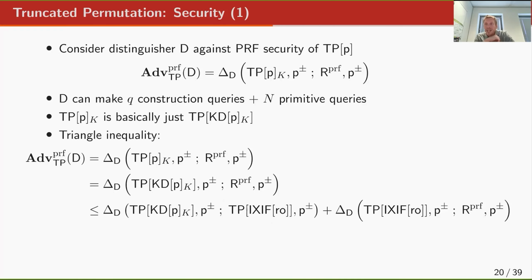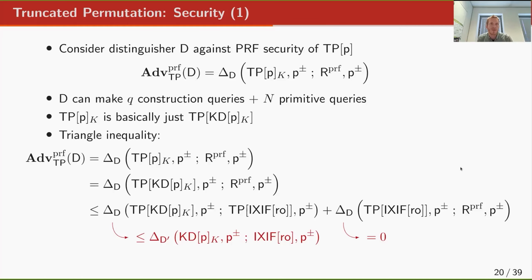But the cool thing about this ideal duplex is that it is a random oracle in disguise. Every time you take a different input, you get a random output. So the distance here is 0. If you look at the algorithms, you get random output every time. Then the first term reduces to the key duplex security.